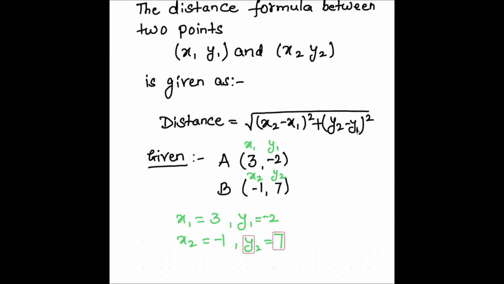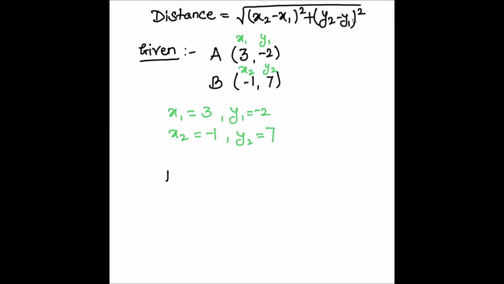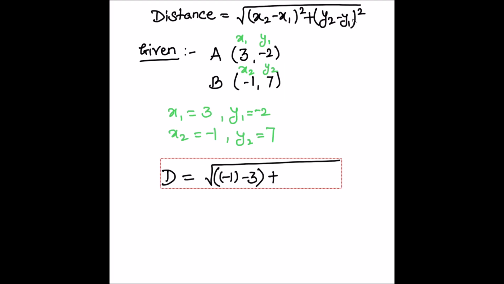Now putting the values in the formula, we'll write distance as d equals square root of (x2 minus x1), so x2 is minus 1, minus x1 which is 3, whole square, plus y2 which is 7, minus y1 which is negative 2, whole square. So distance is negative 1 minus 3 whole square plus 7 minus negative 2 whole square.